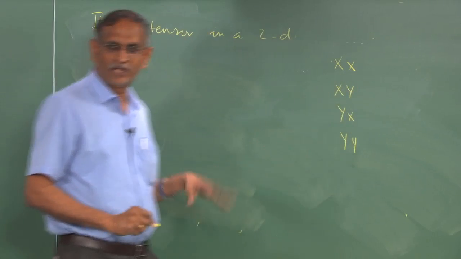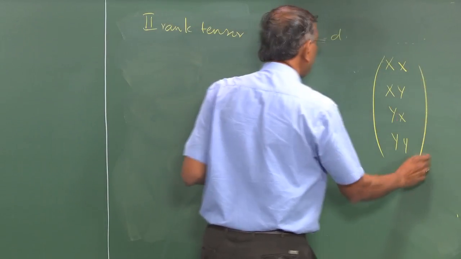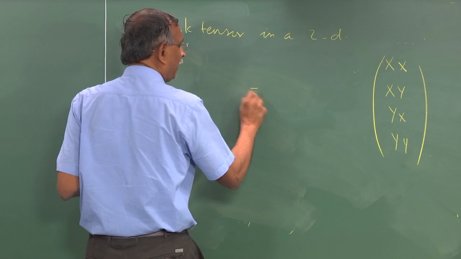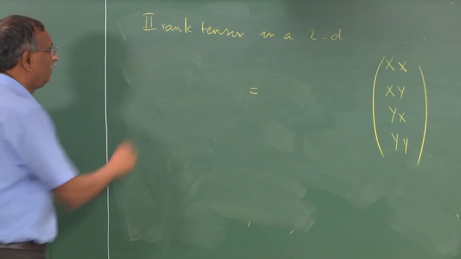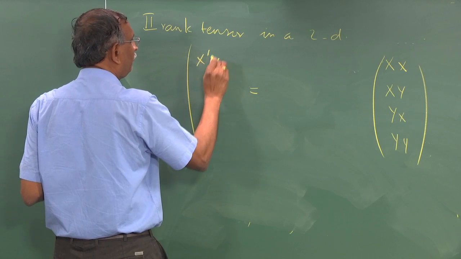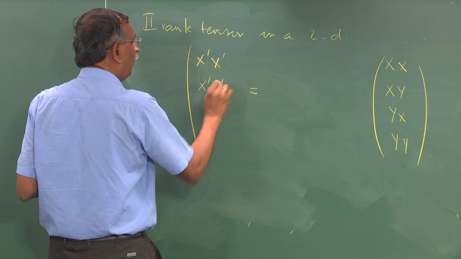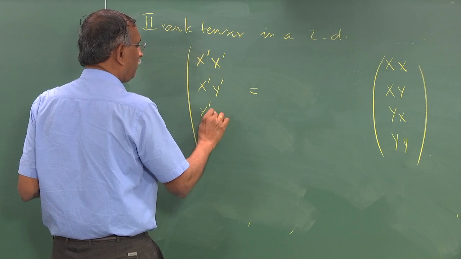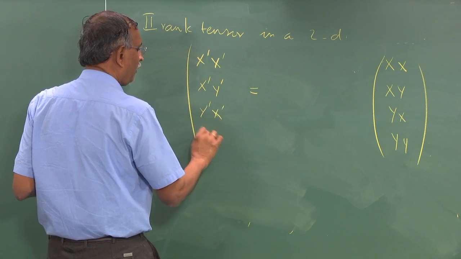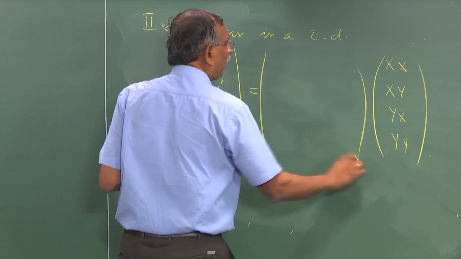They are the products, the regular multiples, and these 4 components under coordinate rotation by the same value of theta become x prime x prime, x prime y prime, y prime x prime, y prime y prime, and there is a rotation matrix.